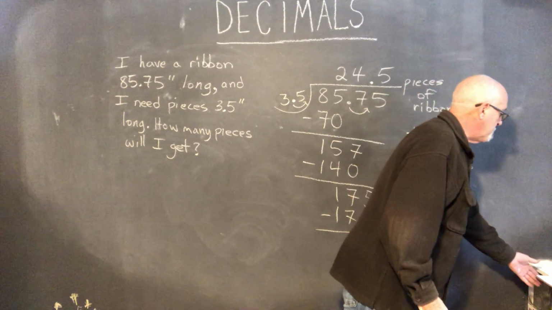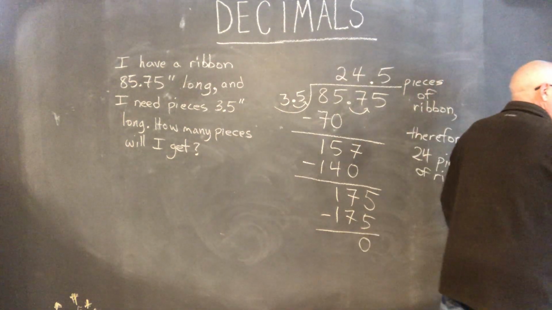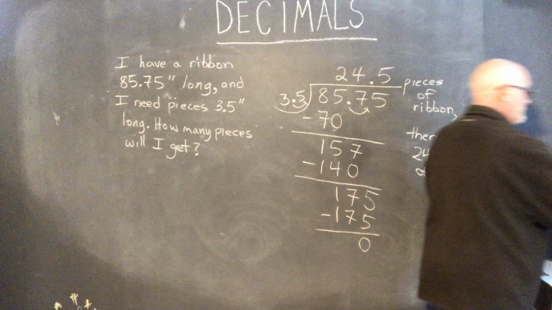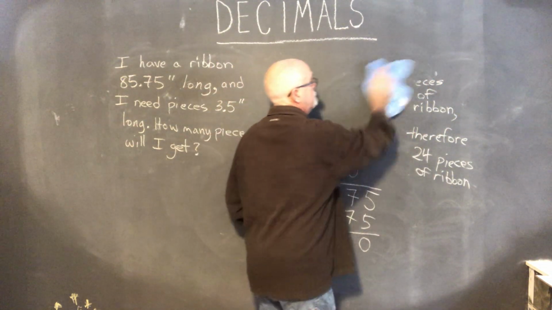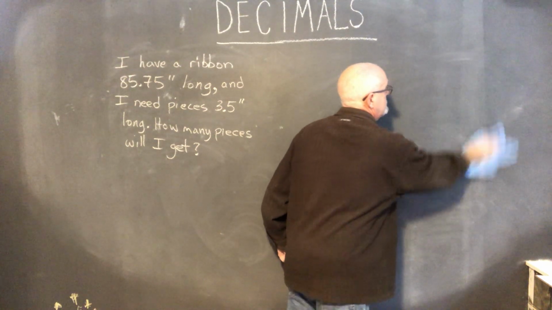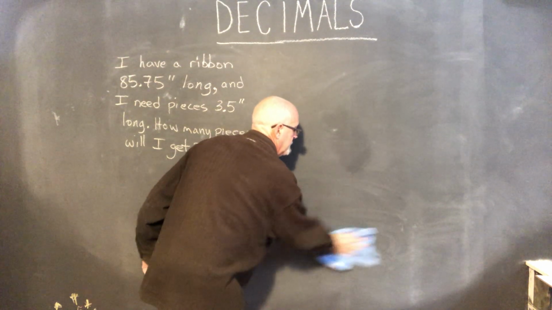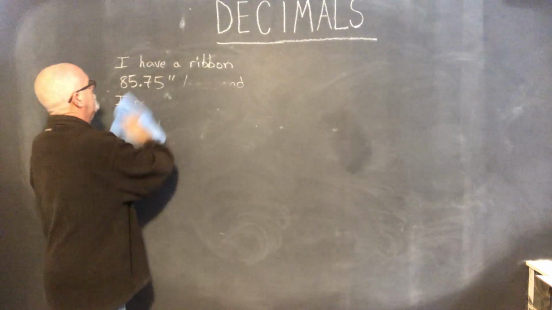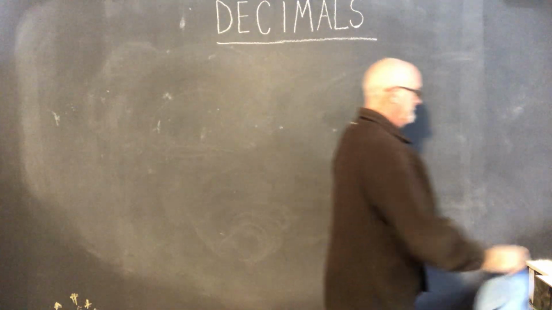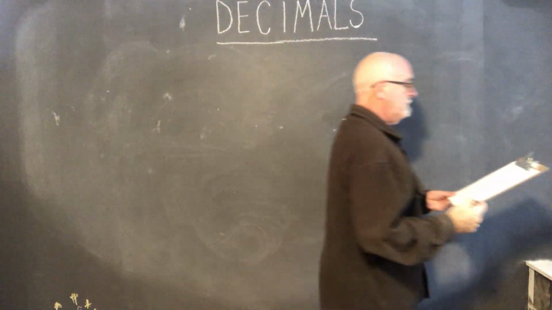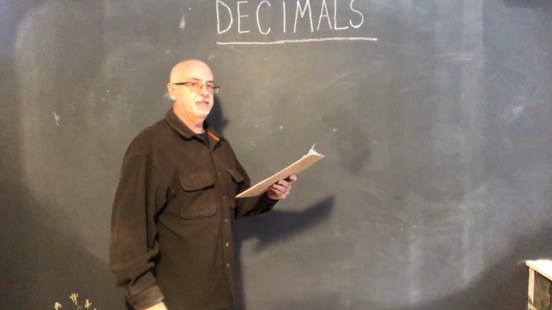Okay, I want to do another word problem. Let's see. Some of these eraser cloths are getting a little dusty. This one seems fairly clean. Let me use it. I like that problem. I liked the way it made us think about how we're rounding our answer. And now, what's my next one?